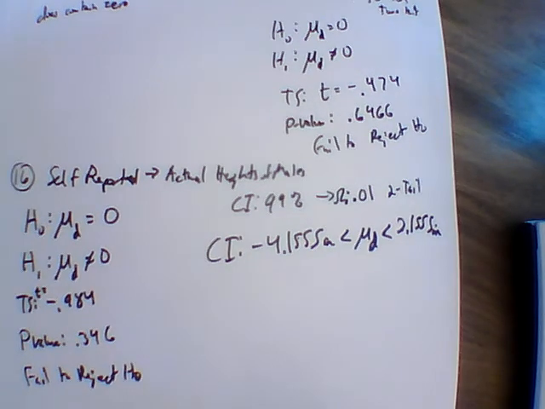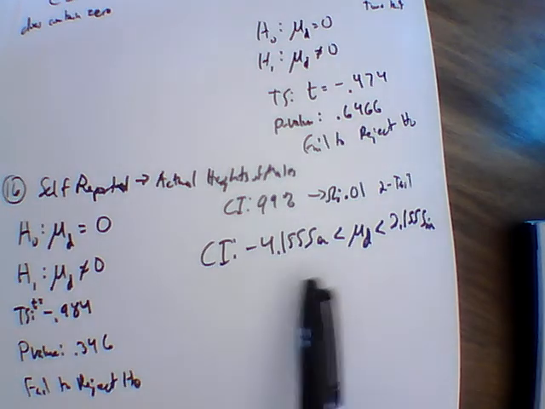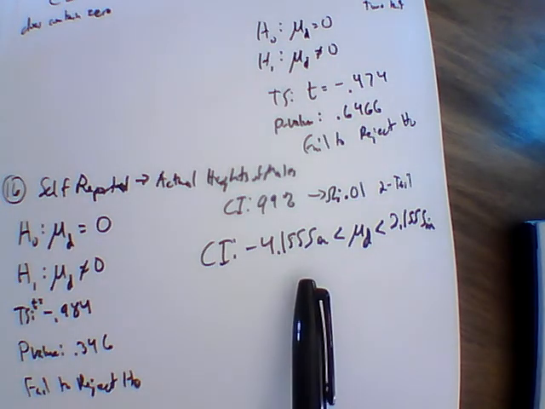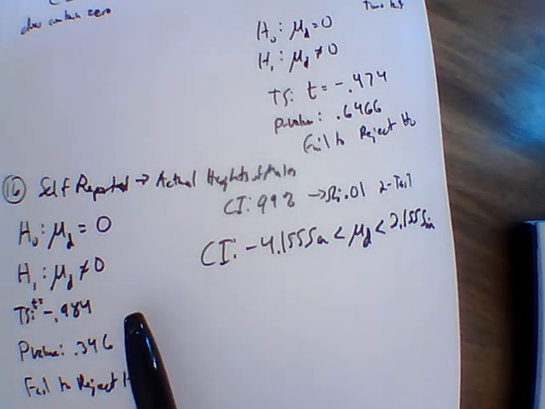So basically, what this is telling us in general terms is that males, when they state what their height is, are reporting their actual height. They're not saying, oh, I'm so much taller than what I really am. It's kind of showing that in there. And that's kind of what our conclusion would be.